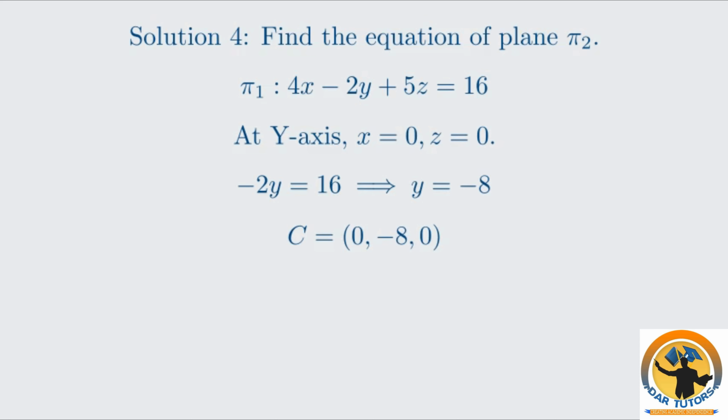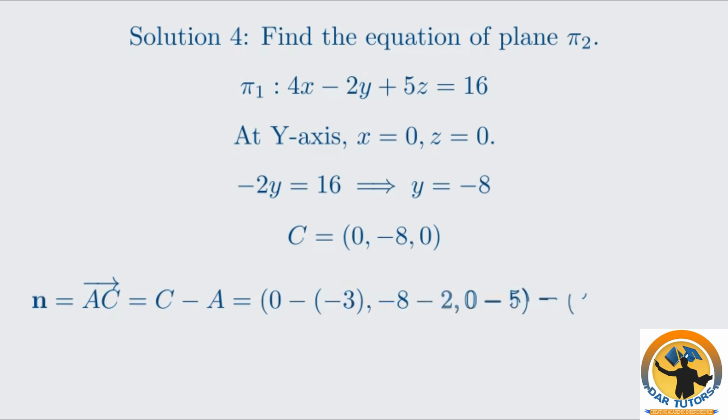Now we can find the normal vector for plane pi2. Since pi2 is perpendicular to the line segment AC, the vector AC is the normal vector for pi2. The vector AC is c minus a, which is (3, -10, -5). This is our normal vector, n, for pi2.